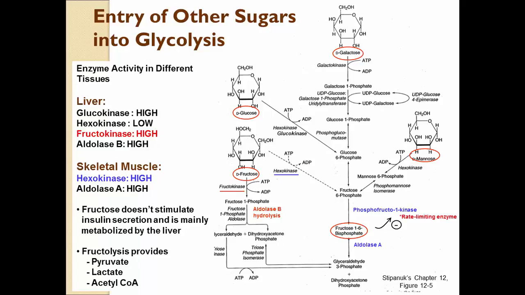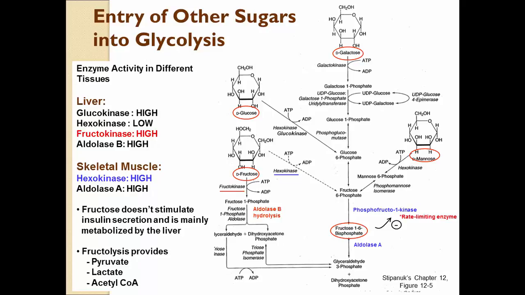However, fructose metabolism actually bypasses this rate-limiting reaction in the first stage. That means you can have a lot of glyceraldehyde 3-phosphate generated from fructose metabolism, right?